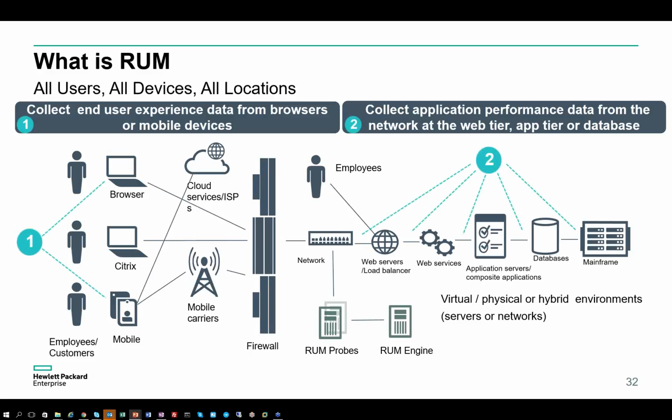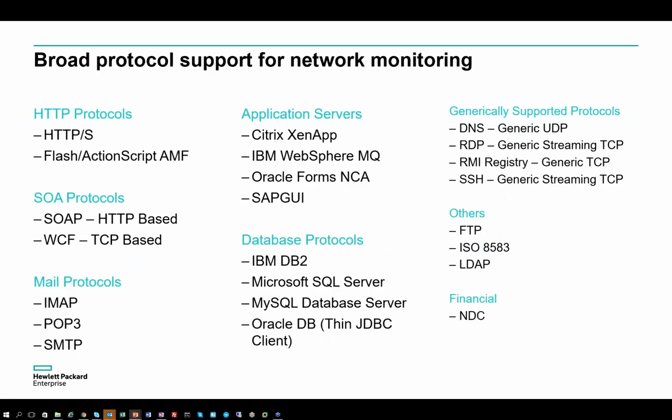Okay, so we talked about what RUM is. Here is a very quick overview of the protocols that are supported by RUM, broken down by the various categories: HTTP, SOA, mail protocols, databases, generically supported protocols.